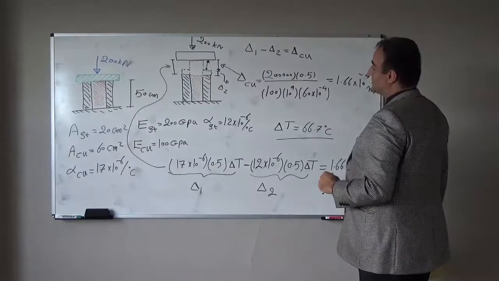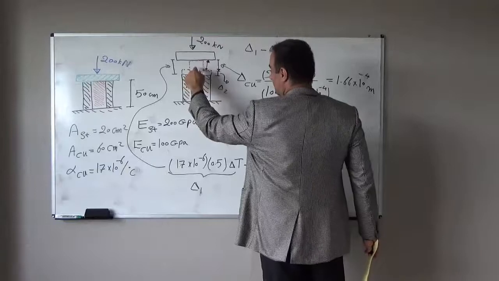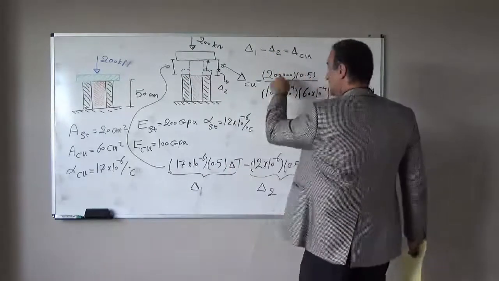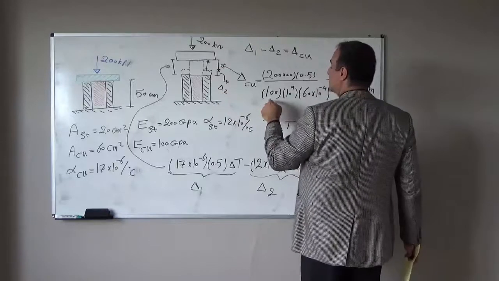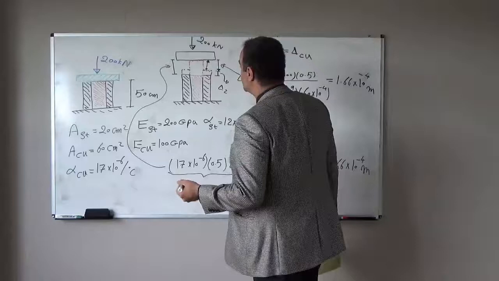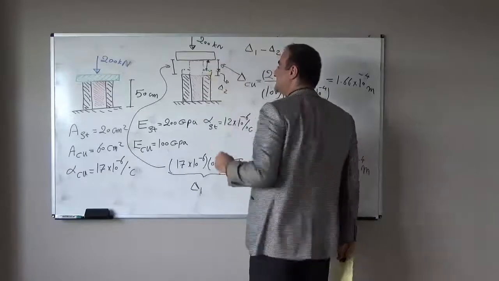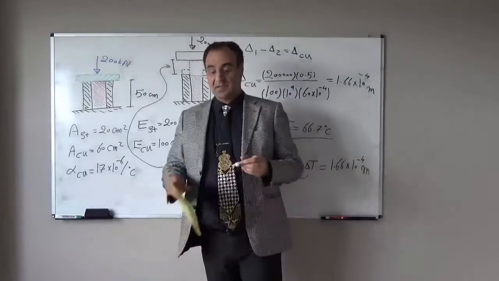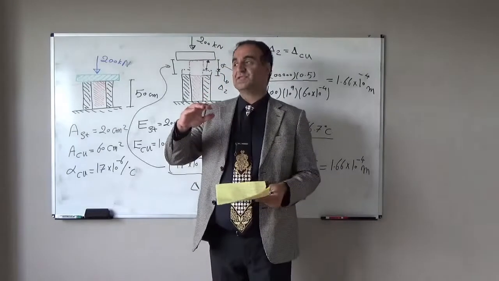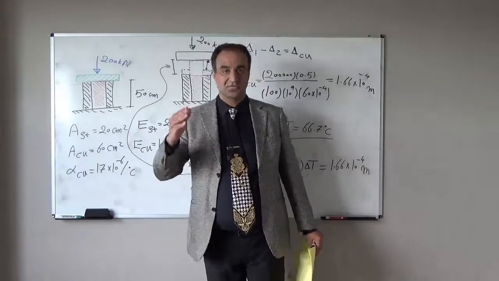That deformation will be equal to the force inside of the copper, which the problem statement says is the entire force transferred to the copper, times length divided by EA of the copper. Of course, maybe you will ask, now the length is not 50 centimeter, it is 50 centimeter plus delta. But if we compare that delta with the initial 50, it is very small, so we neglect it.